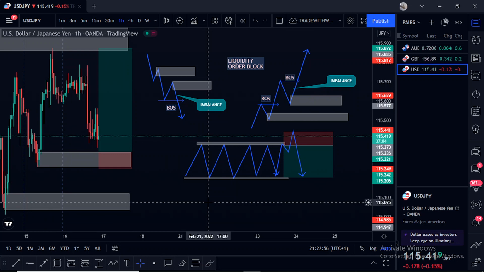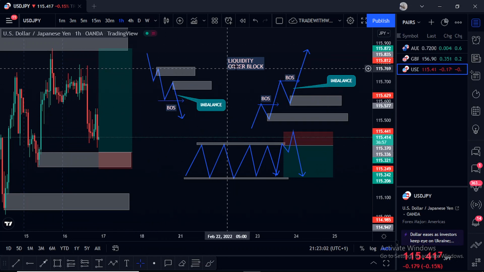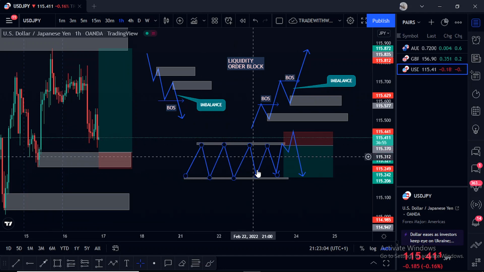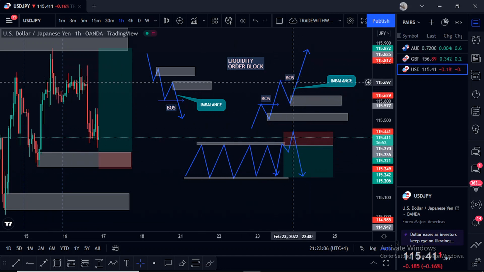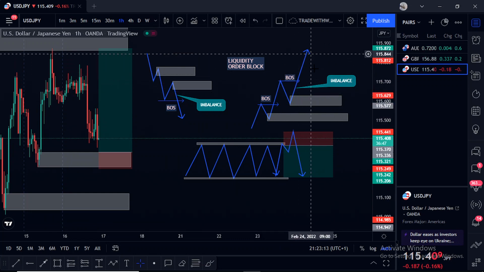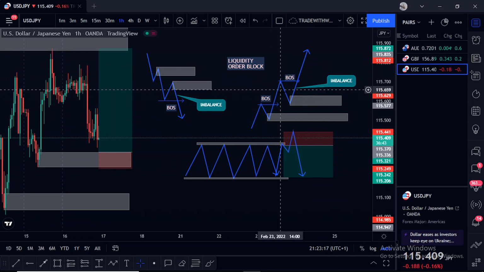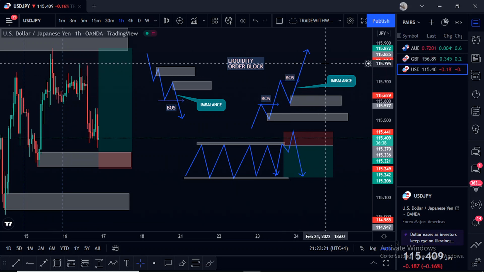Left to me, I only use these terms here: break of structure, because everything is happening right in front of us in the market. We have liquidity, because we can see the liquidity here. We have imbalance, which is caused by a lot of orders that will give us a break of structure, and then the order block. The order block is the up move or the down move before the break of structure, and the last one is mitigation.